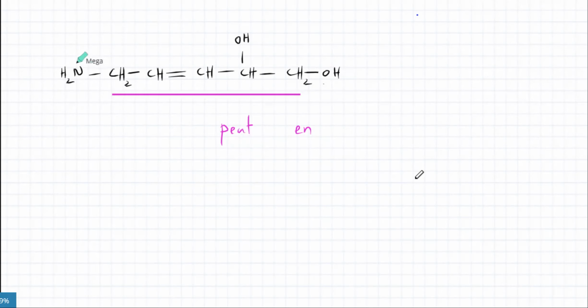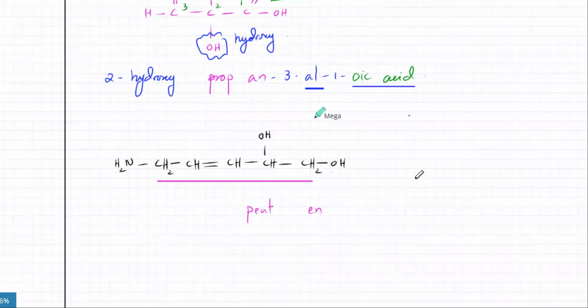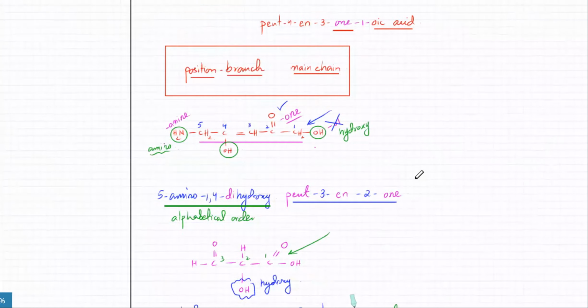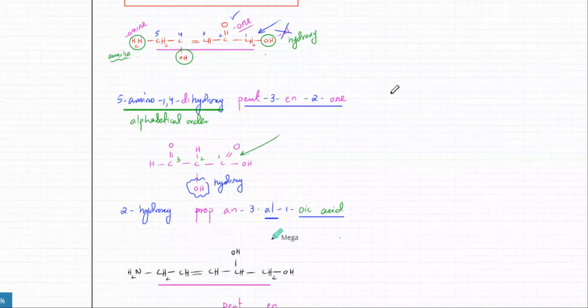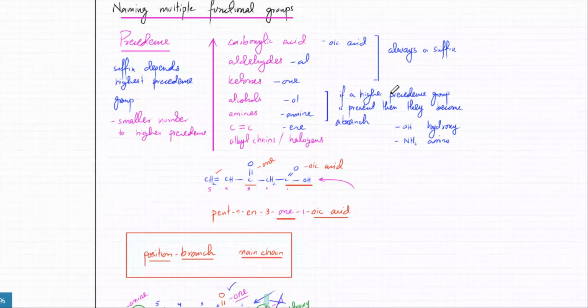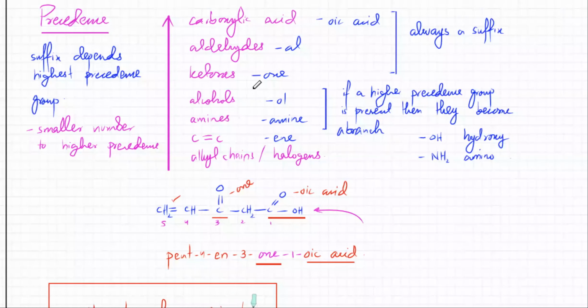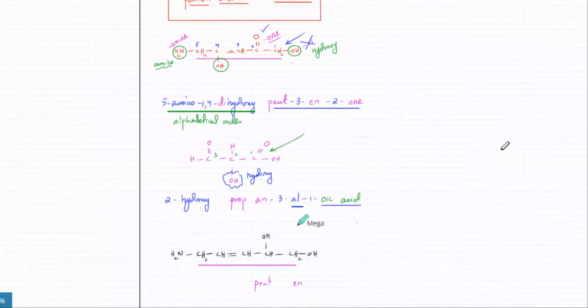So now which one is the most important group in this entire molecule? Is it the amine or is it the OH? Like which one is it? It's the OH. Okay, OH, yeah. So the alcohol is more important compared to amine. So it's going to be an "ol". So over here the OH does not become a branch, it would remain "ol", but the amine would now be called an amino group.